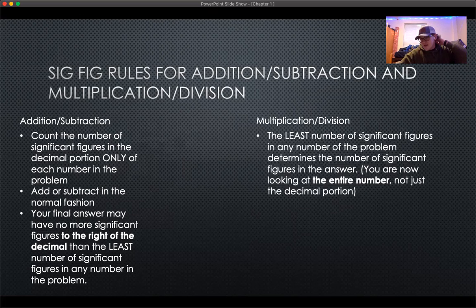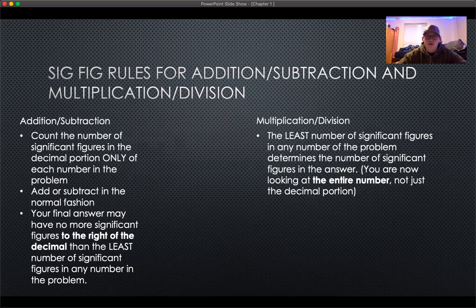And then you've got multiplication and division, where the least number of significant figures in any number of the problem determines the number of significant figures in the answer. The difference between multiplication and division, and addition and subtraction, is that in addition and subtraction, you're looking to the right of the decimal point. So say you've got 6.712, but in multiplication and division, you're looking at the total number of significant figures.